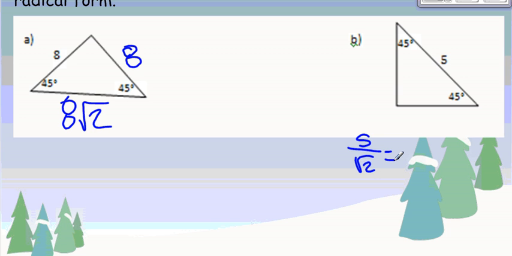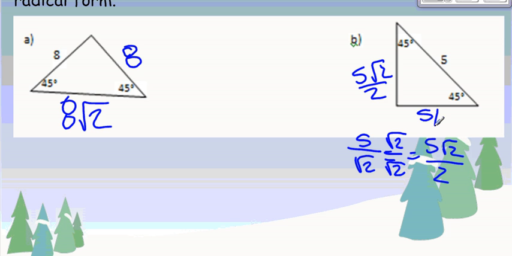Again, the radical can't be in the bottom, so multiply by the square root of 2 on the top and on the bottom. And we'll get 5 square root of 2 over 2, and we can't simplify that any further. So 5 square root of 2 over 2 and 5 square root of 2 over 2 would have been your answers there.